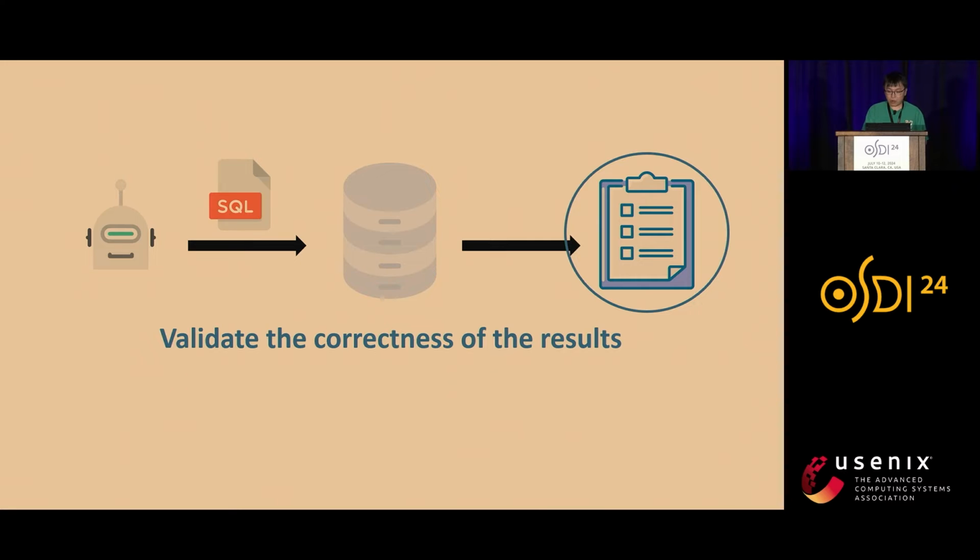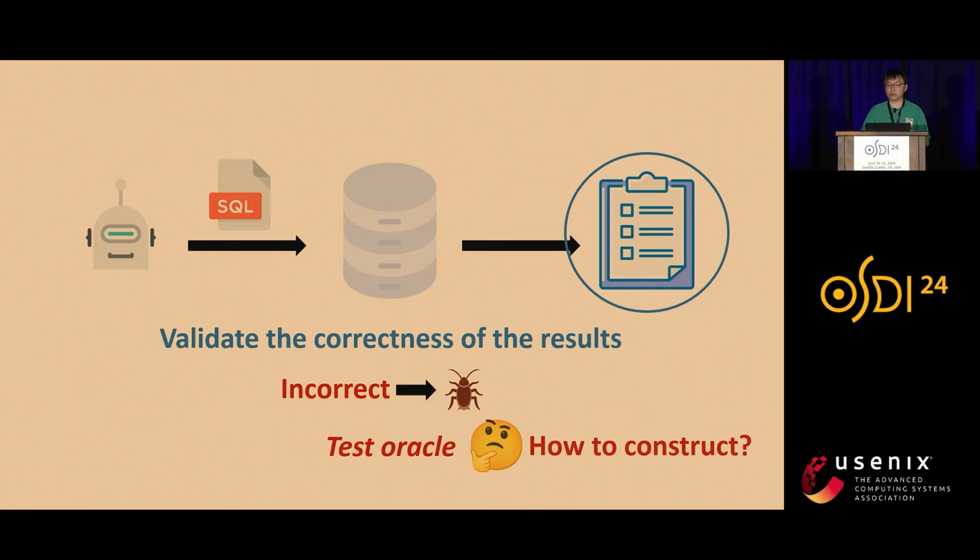To figure it out, we need to validate the correctness of the result. If the result is incorrect, then we know the query we generated triggers a bug. The question is how to know the result is incorrect. We need a test oracle. So the question again, how to construct the test oracle?